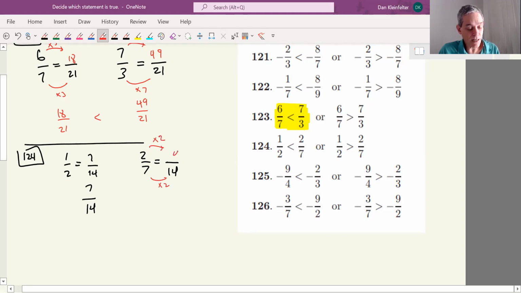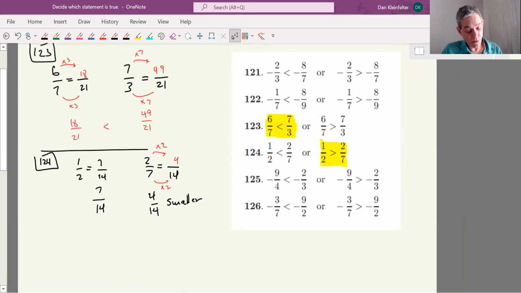And so we should end up with 4/14. So 7/14 versus 4/14. The 4/14 is smaller out of the two. And so the 1/2, the 7/14 is bigger. So I'm marking the true statement here. 1/2 here is bigger than 2/7.